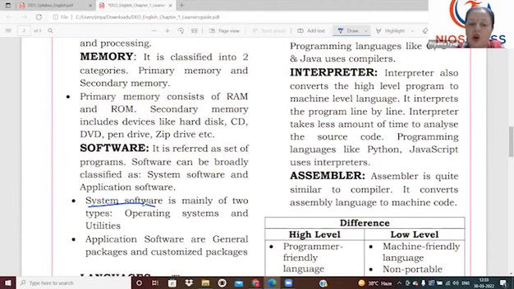One is your operating system, right? Second is your utility software. Now, first we will discuss what an operating system is. If I give you a one line definition of an operating system, I can say that as human beings, we are the users of the computer, and the computer in itself is a machine, right? And we are very much aware that machines do not have any IQ level.